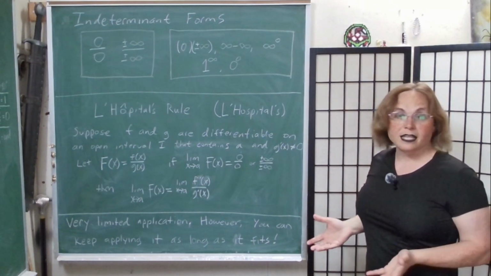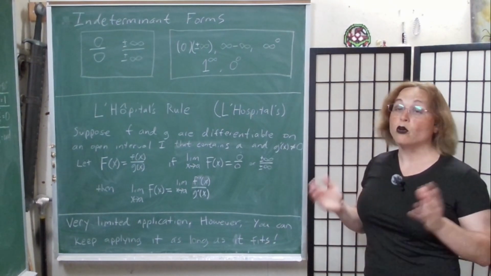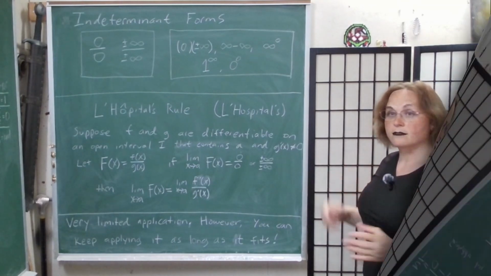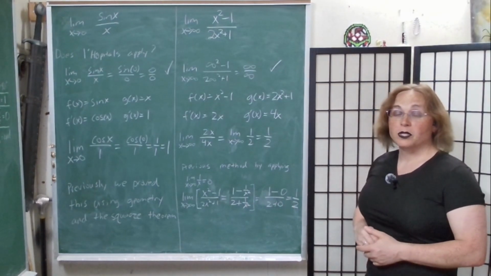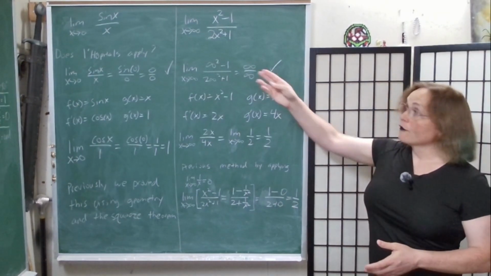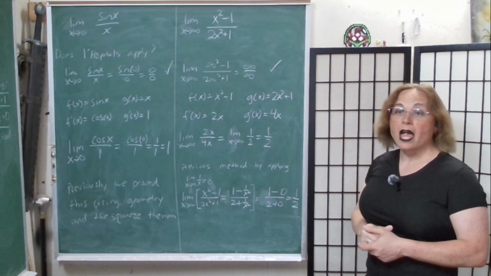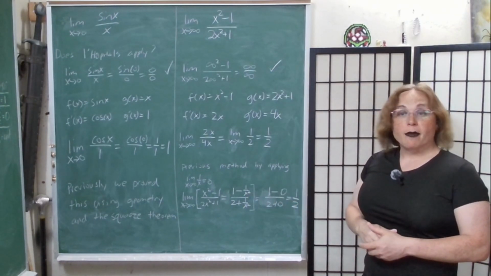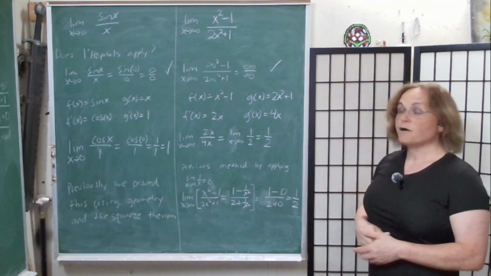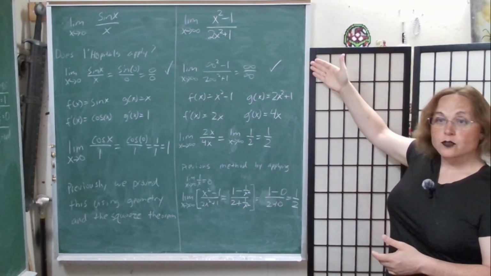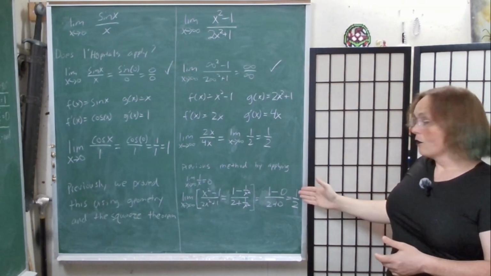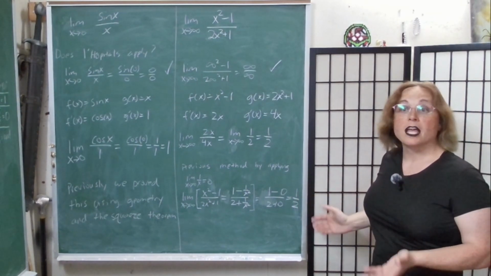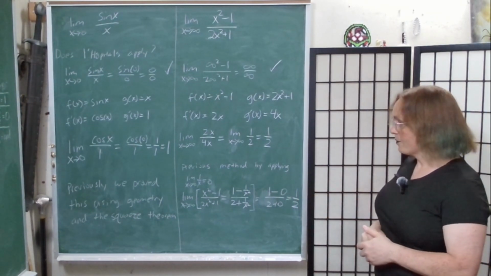So let's look at some examples of problems that we've previously solved and how L'Hopital's rule applies. Here are two examples that we looked at in previous videos. The first one, sine x over x, is one that we proved, like it says at the bottom, geometrically using the squeeze theorem. And then over here is one that we proved much later when we were talking about taking the limits as x approaches infinity in our horizontal asymptote section.